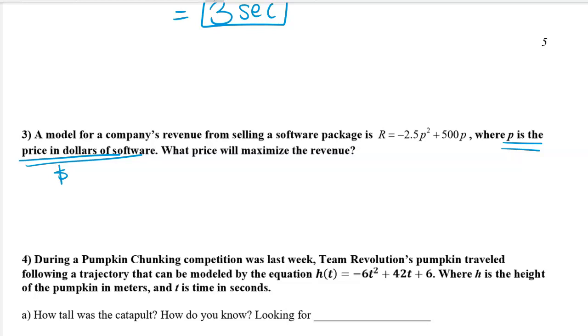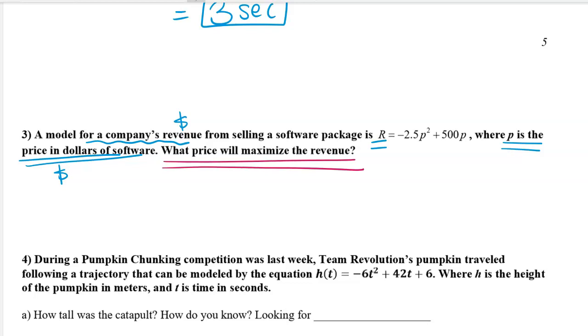Okay. Ethan, what is R? What does it represent? Revenue. You are correct, guys. It's revenue. And Ethan, revenue is also going to be measured in what unit? Yep. So they're both going to be dollars, okay? Question says, what price will maximize the revenue?